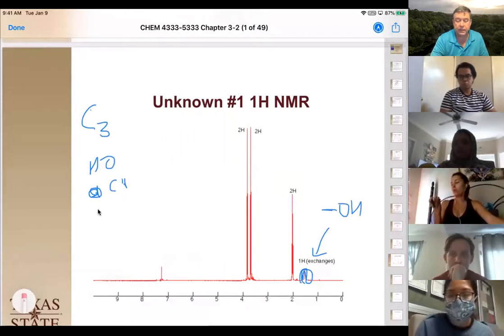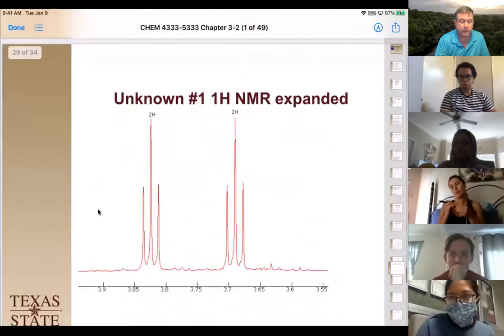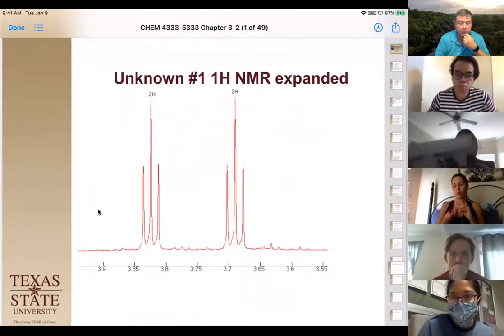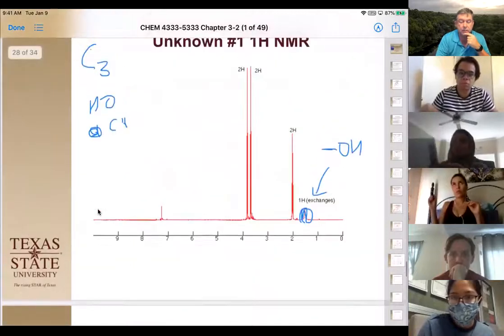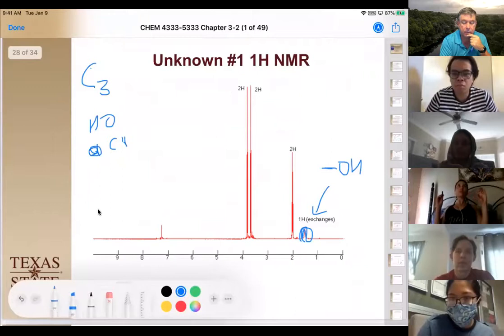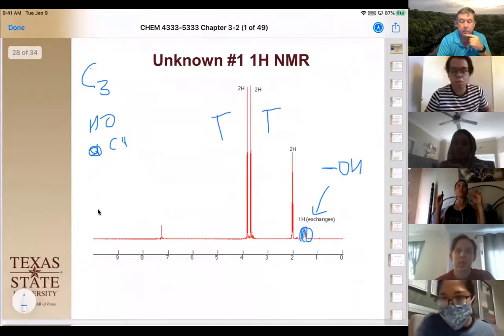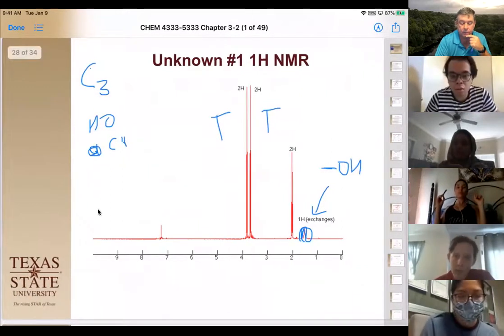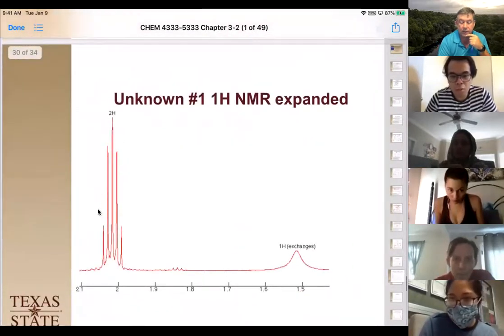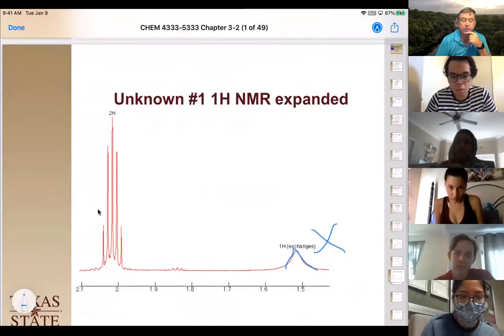But we need to look at that splitting. So let's look at that splitting. The first 2 are triplets. So this is a triplet. This is a triplet. What's that last one? We have this broad peak here with no splitting, so it does not split with the hydrogens here.